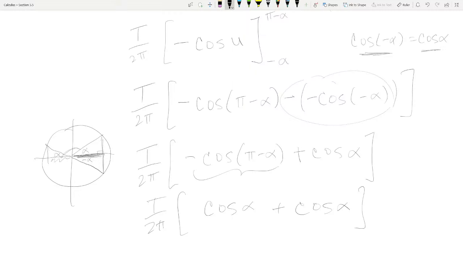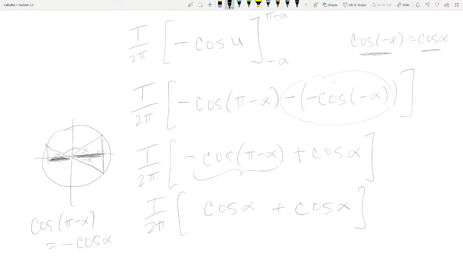Okay, and the reason why, I'll say it again. Cosine of pi minus alpha, that's this length right here in this picture. And isn't that the same as negative cosine of alpha? Because here's cosine of alpha, and it's the same length, but it's the negative, right?